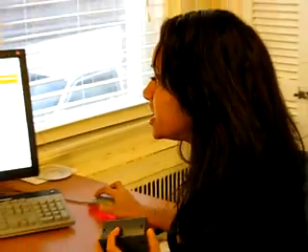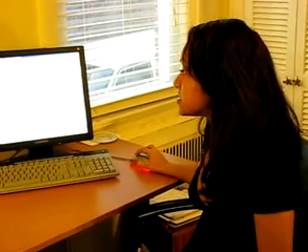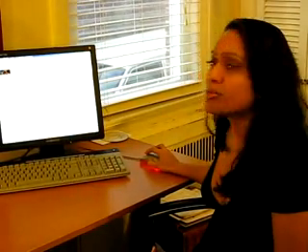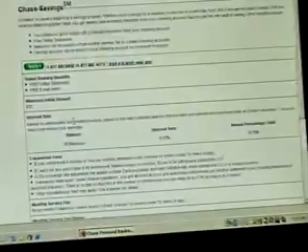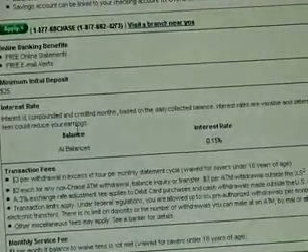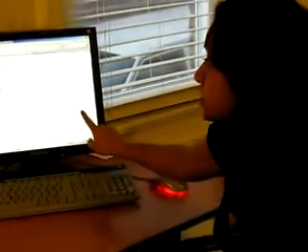Now, how did I know that the ING number was referring to a year, versus the Chase Savings number referring to per month? You just have to read the text right above. It tells you the interest is compounded and credited on a monthly basis, so it tells you right there.